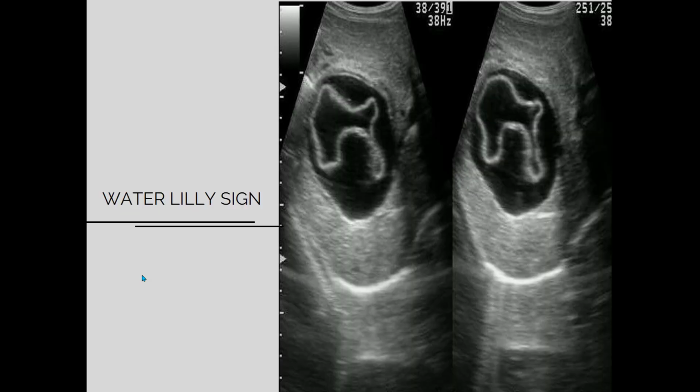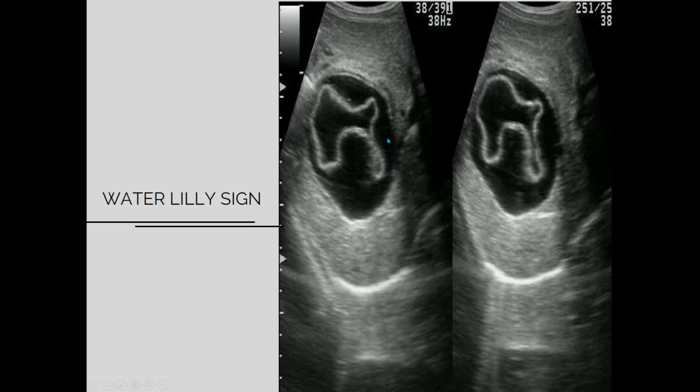Okay, for example, here you can see, and you can notice that I'm telling you the specific signs as well, along with all the ultrasounds and all the x-rays. Because these specific signs are important in your findings. Whenever you are writing down your findings, if you are using these specific signs, then you are getting full marks. Okay, this is water lily sign.